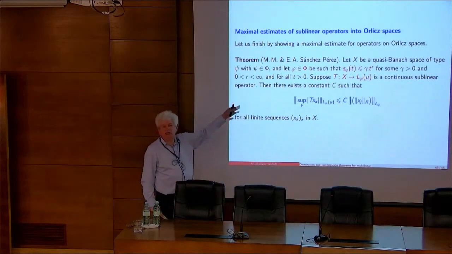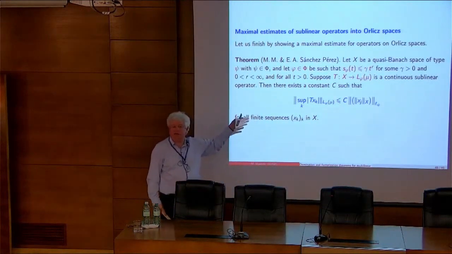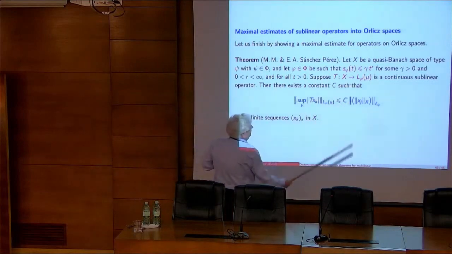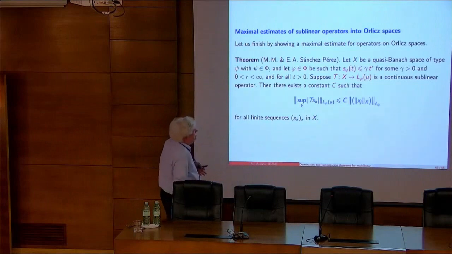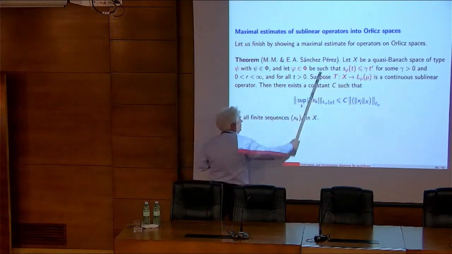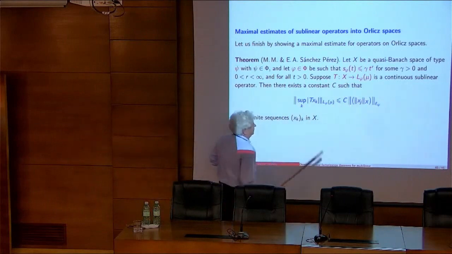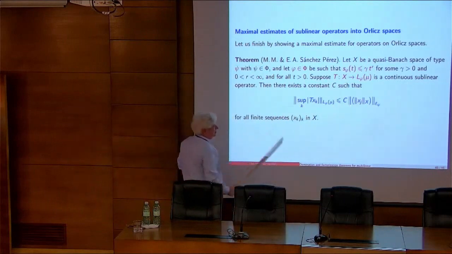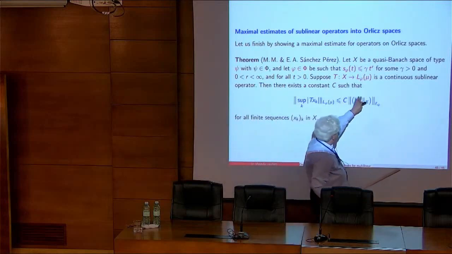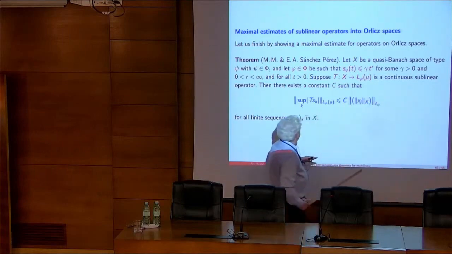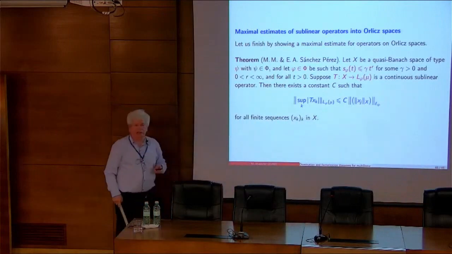It is very easy to produce a huge class of functions of this type. Suppose we have a continuous sublinear operator, but now it takes values in our Orlicz space. Then we have this maximal estimate of the maximal operator via the vector-valued norm of this sequence, in fact the Köthe–Bochner L Orlicz X norm, for all sequences in X.